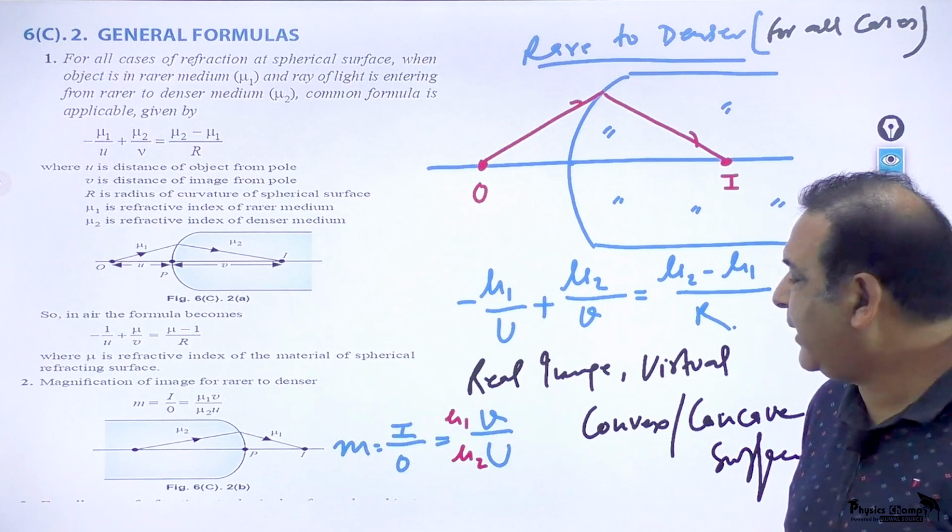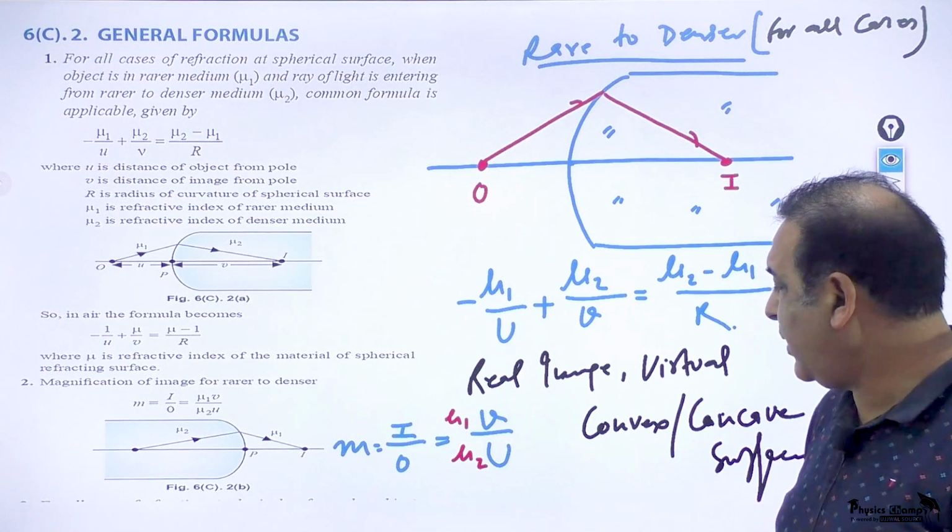So formula for magnification will be I by O is equal to mu1 V by mu2 U.